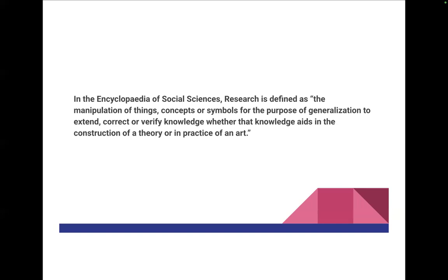Now, the encyclopedia definition of research with reference to social science says: the manipulation of things, concepts, or symbols for the purpose of generalization to extend, correct, or verify knowledge, whether that knowledge aids in the construction of a theory or in the practice of an art.